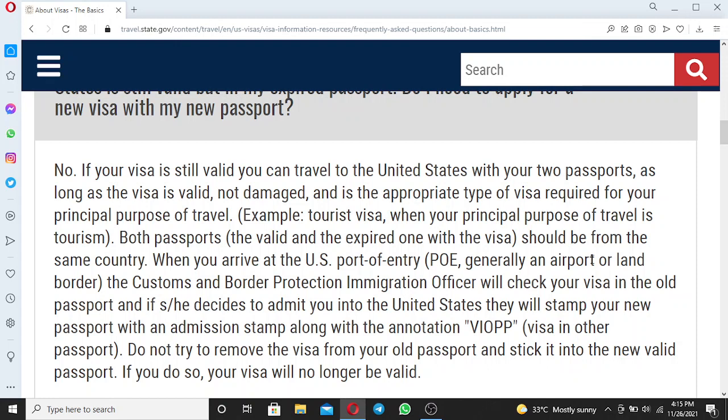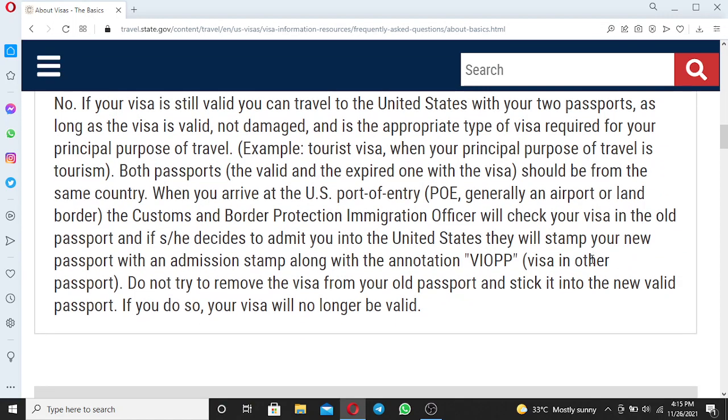When you arrive at the US port of entry, generally it will be at an airport or on the land border. The Customs and Border Protection Immigration Officer will check your visa in the old passport, and if he or she decides to admit you into the United States, they will stamp your new passport with an admission stamp along with the annotation VOPP.